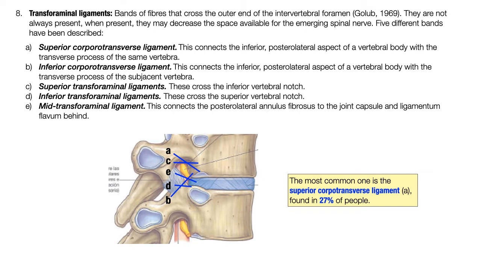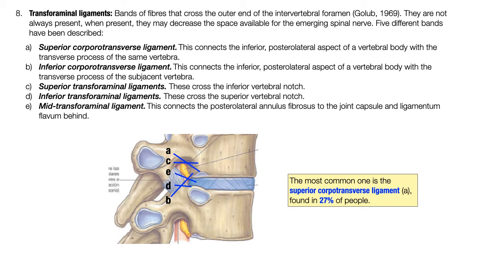The most common one is the superior corpotransverse ligament, represented by line A in the image. All right, so corpotransverse means that it connects the inferior aspect of the vertebral body with the transverse process of the same vertebra.